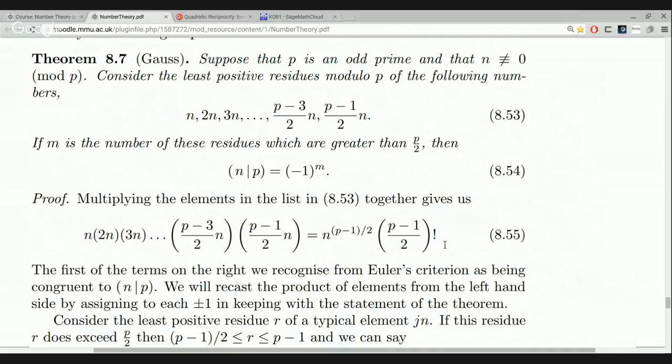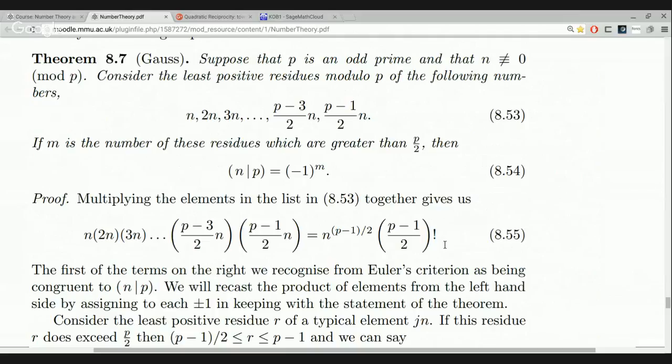We're going 5, 10, 15, 20, 25, 30. So we're dealing with those 6 integers: 5, 2 times 5, 3 times 5, all the way up as far as p minus 1 over 2 times 5. P is 13, p minus 1 over 2 is 6. And we want to reduce them modulo 13, looking at the standard representative we get.